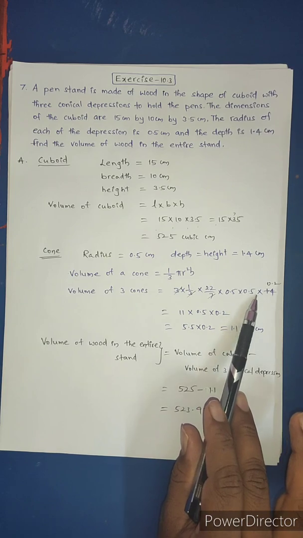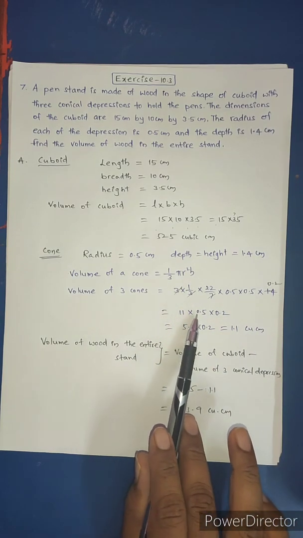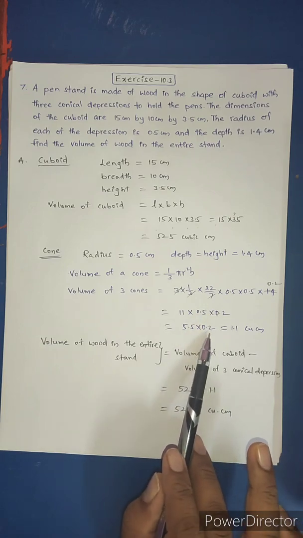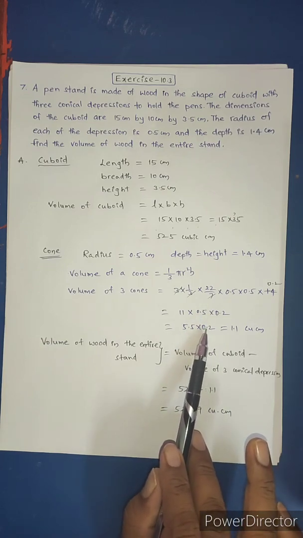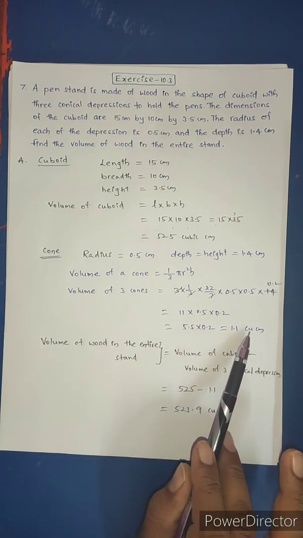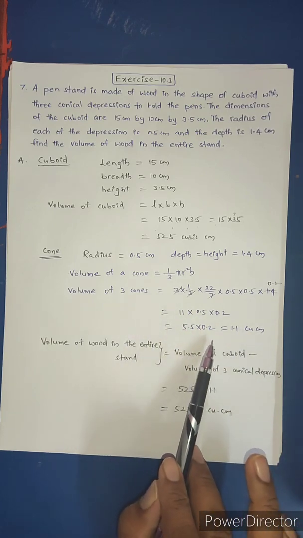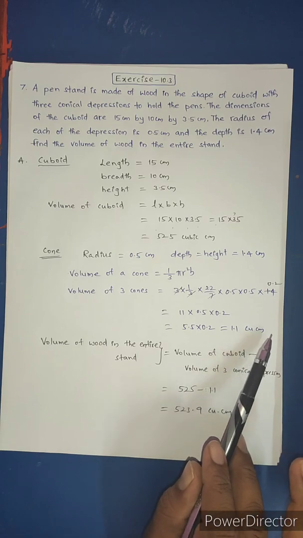Then remaining 0.5 and 0.2. 11 0.5s are 5.5 into 0.2. The product of these two decimal numbers is 1.1 cubic centimeter. The volume of 3 conical depressions is 1.1 cubic centimeter.